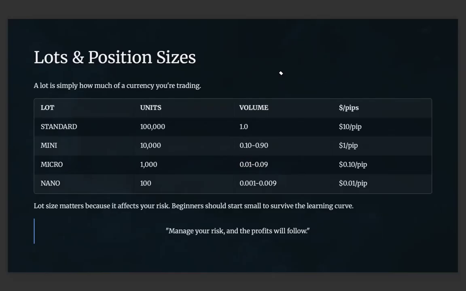But yes, if you must risk, say that you have a very strong risk appetite because you want to grow your funds quickly, maximum 10% of your account. So if you have a $500 account, 10% of that account is what? Is $50. 5% of the account is what? Is $25.